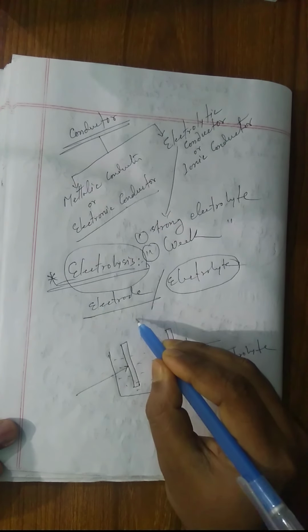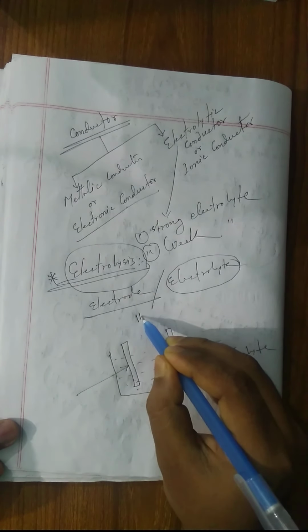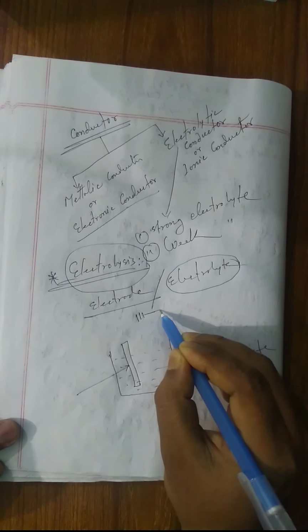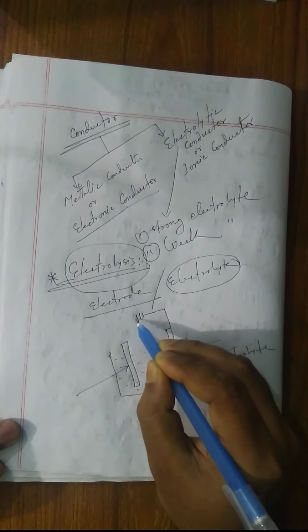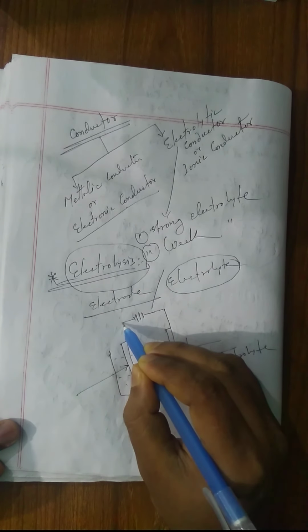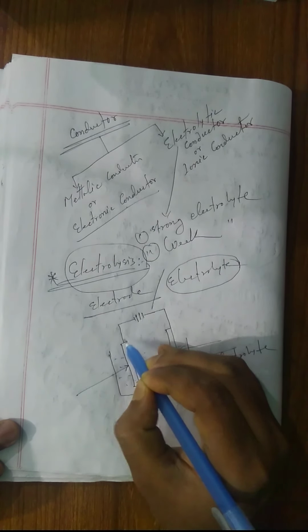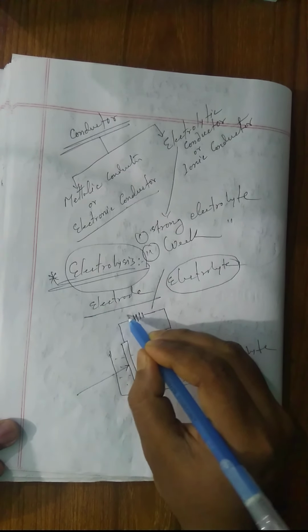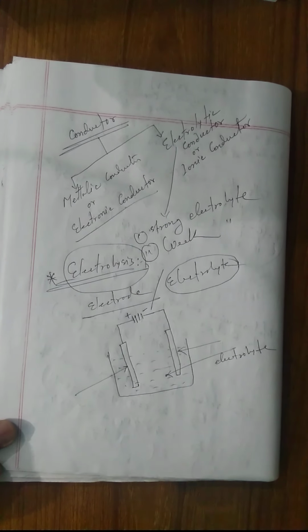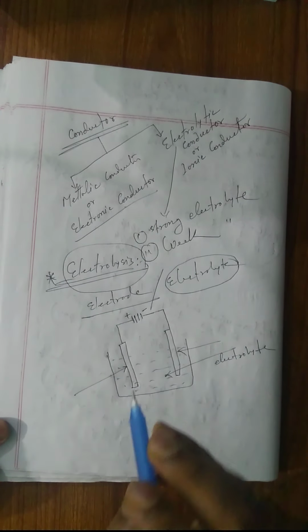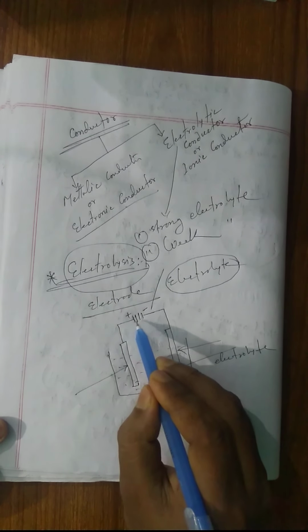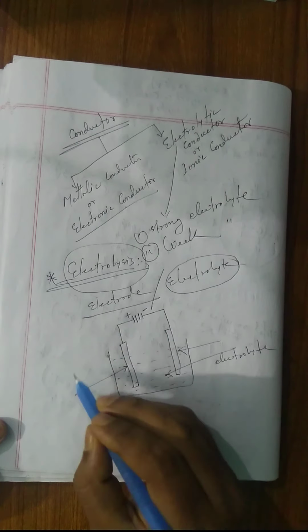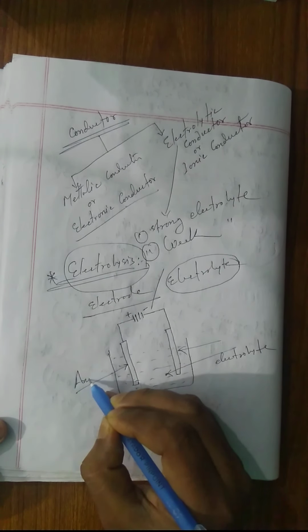In an electrolytic cell, we have to connect a battery, positive, negative. So the electrode which is connected to the positive port of the battery is known as anode.